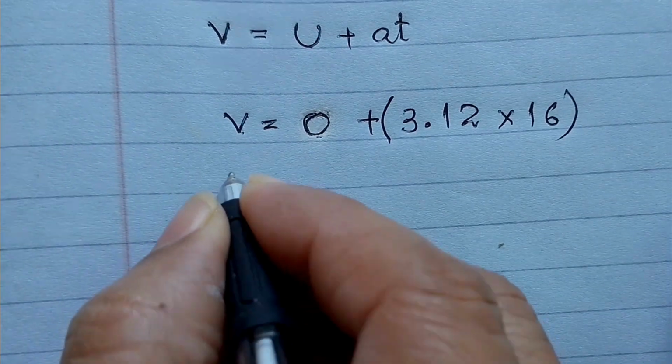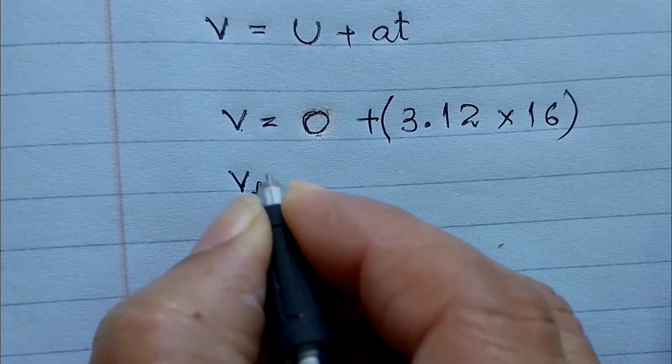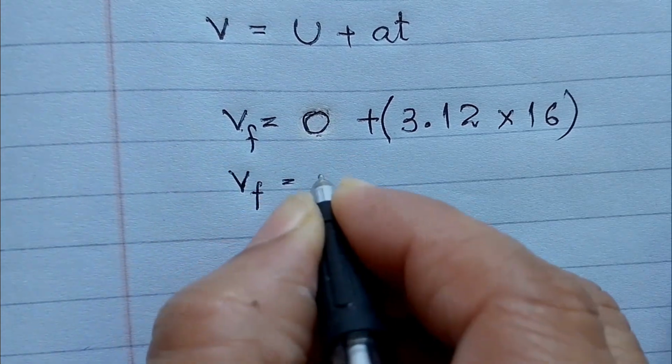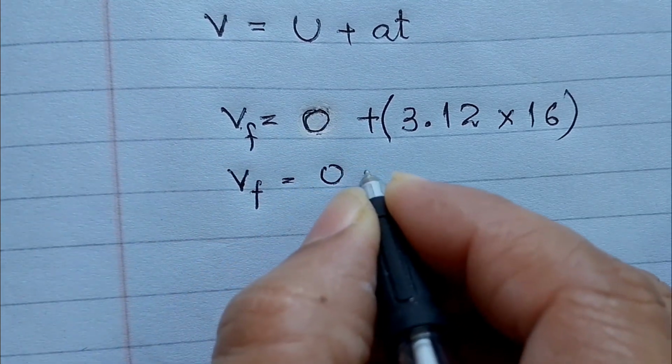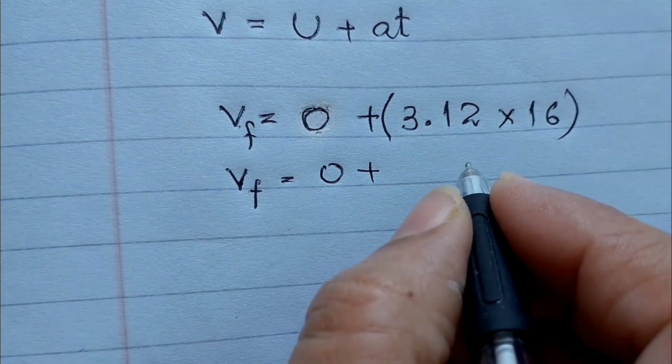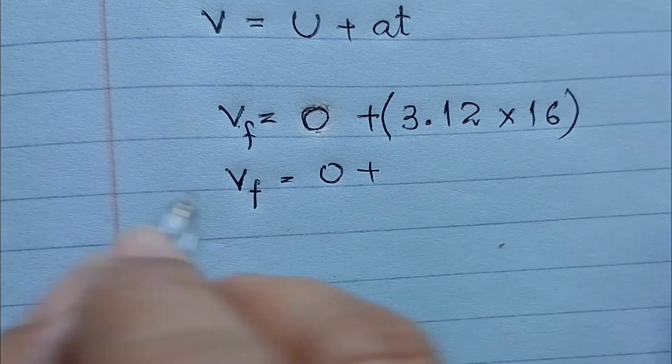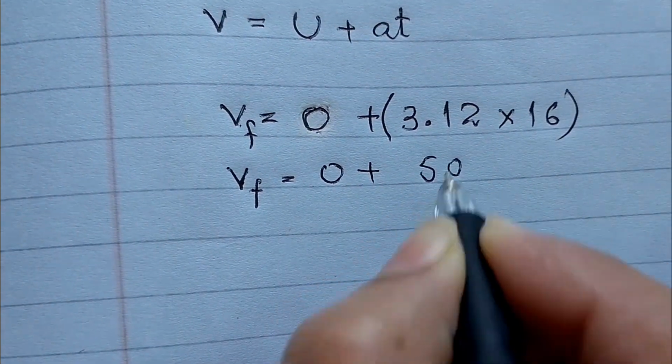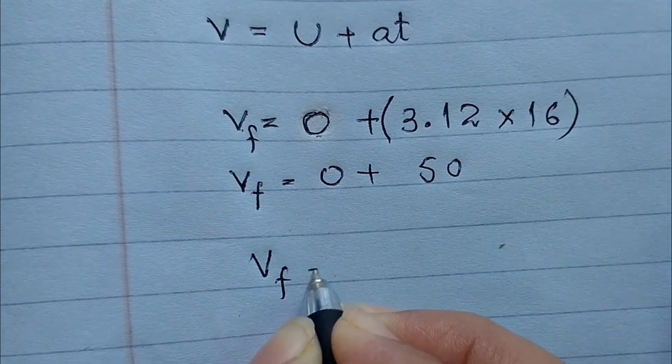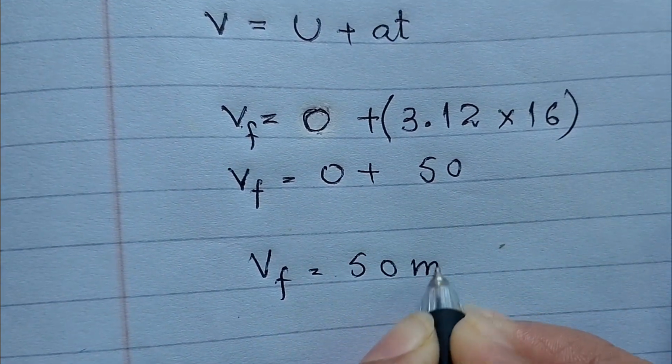So now we will calculate these values. So final velocity is equal to 3.12 multiplied by 16, which is 50. 50 is our final velocity, which is in meter per second.